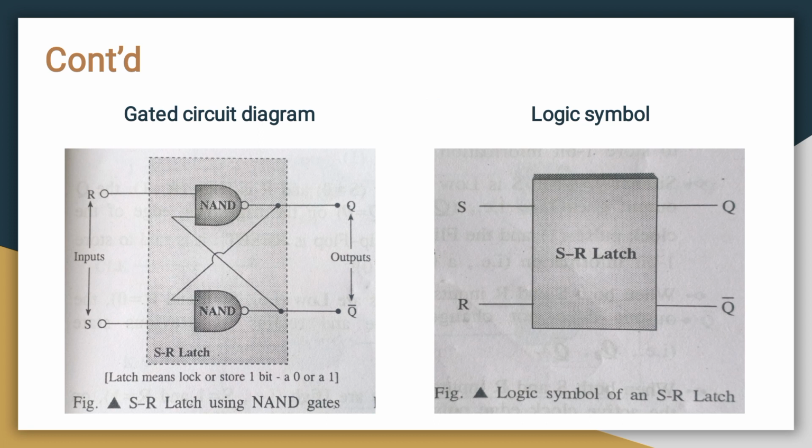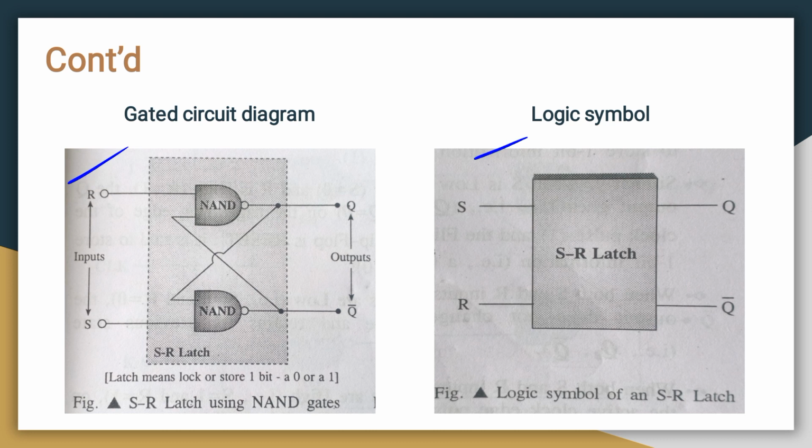Already told, the SR latch consists of some feedback to the input of the next gate. The first figure is the gated circuit diagram. That means it will use the gates, and this is the logic symbol.